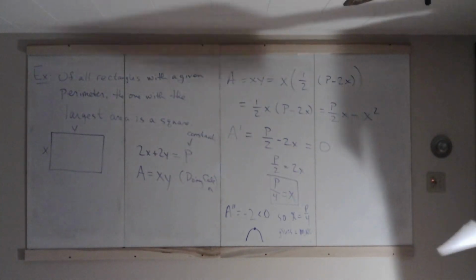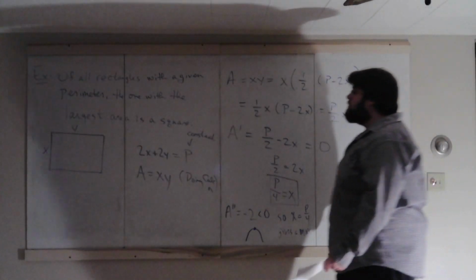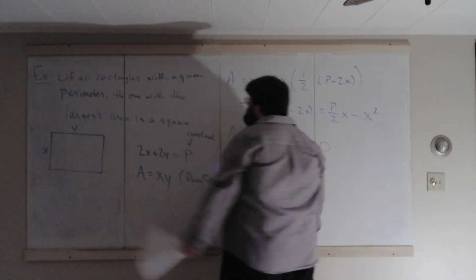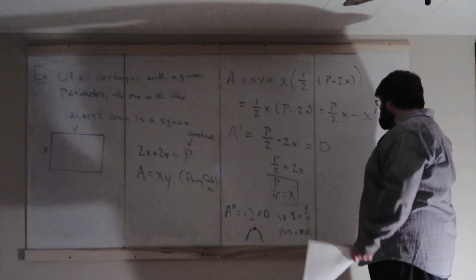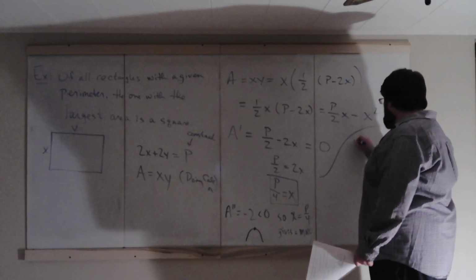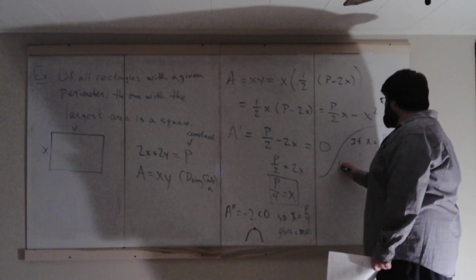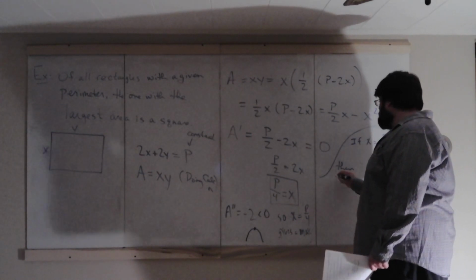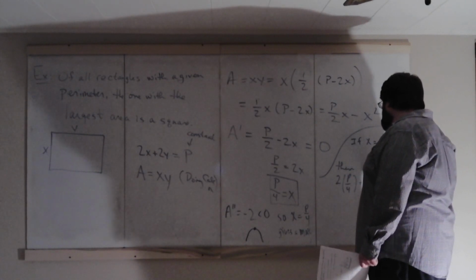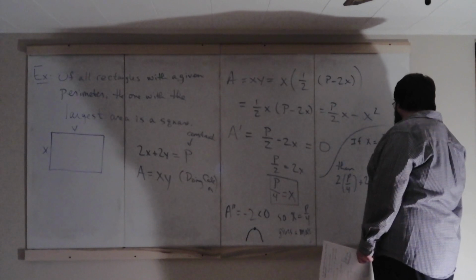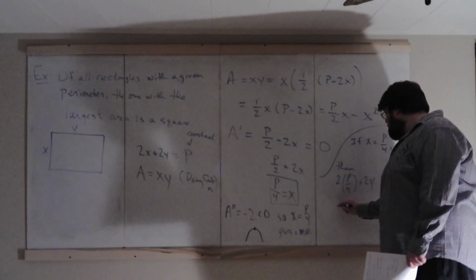We didn't show that x equals y. We've shown x equals P over 4 will give us the largest area. Why does x equal y? Well, let's use our perimeter constraint. So if x equals P over 4, then 2 times P over 4 plus 2y equals P in our perimeter equation. 2 and 4 make a half.